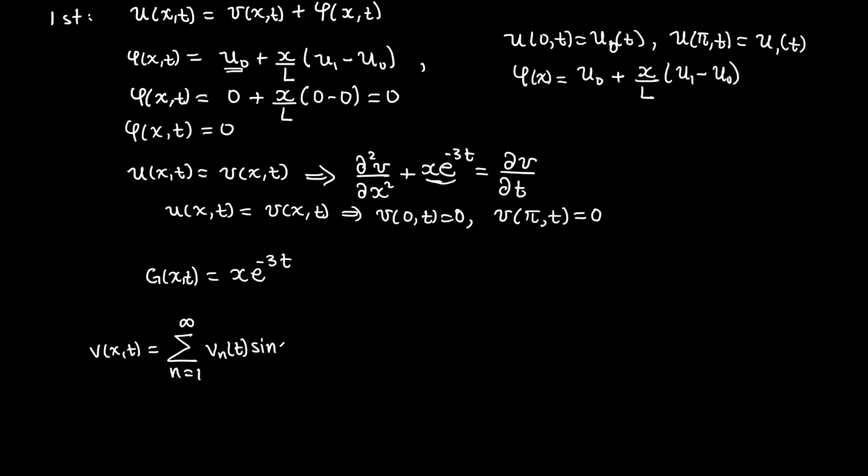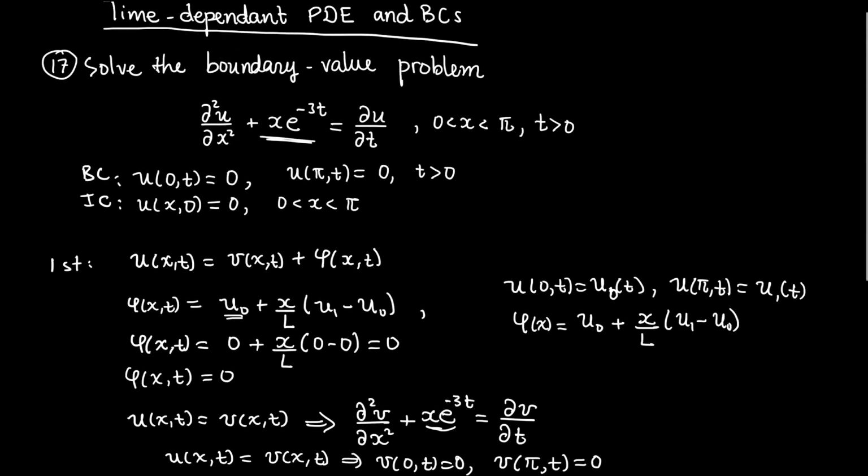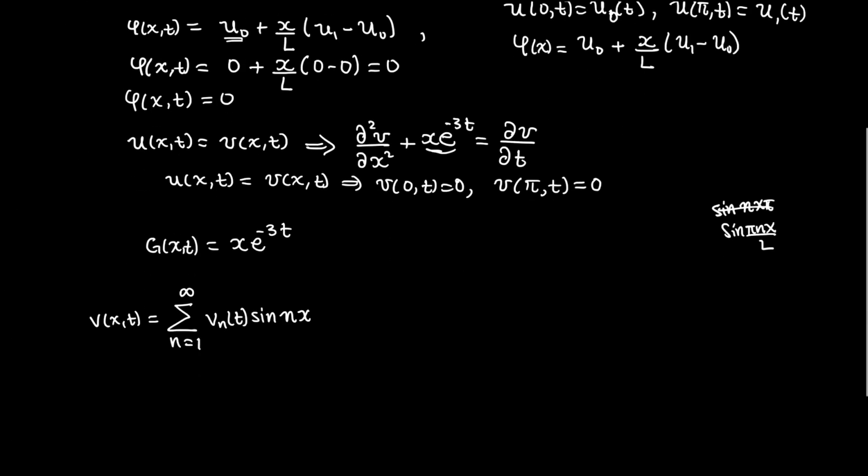Then I have sine nx. It should be n pi x over pi, so pi with pi cancel, so just sine nx. Just to remind you, it's sine of n pi x over L. As you can see, the boundary condition is from 0 to L, so it's from 0 to pi, so your L equals pi, so you just end up with sine nx.